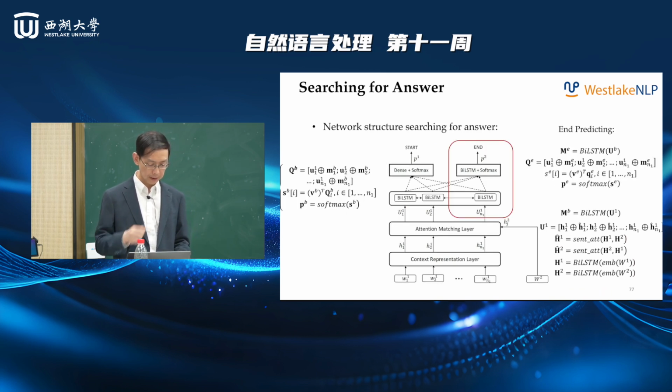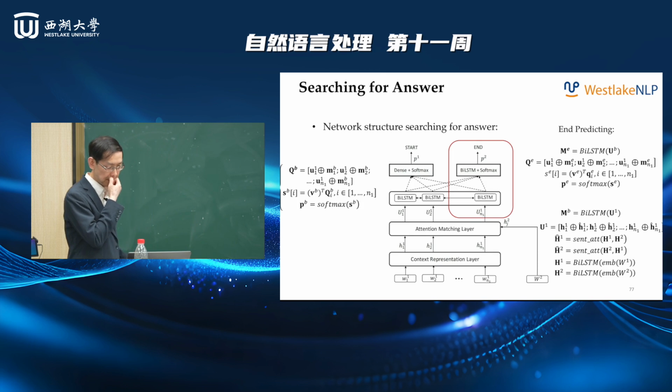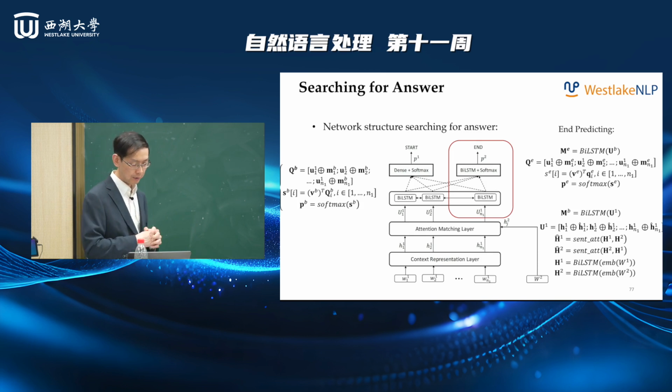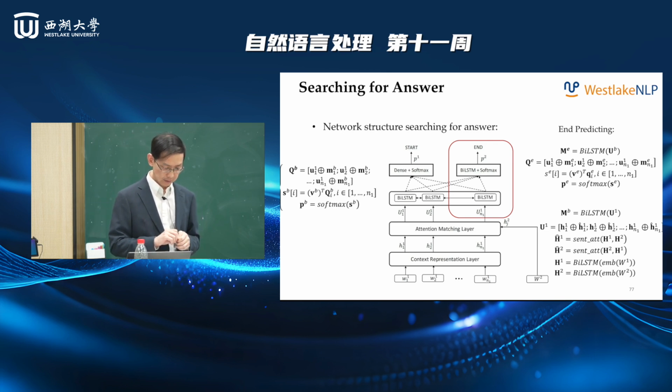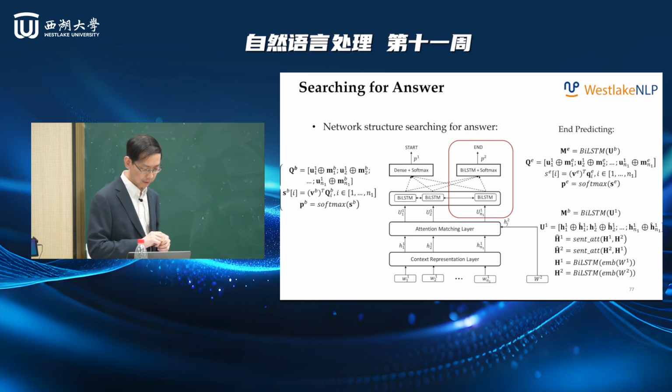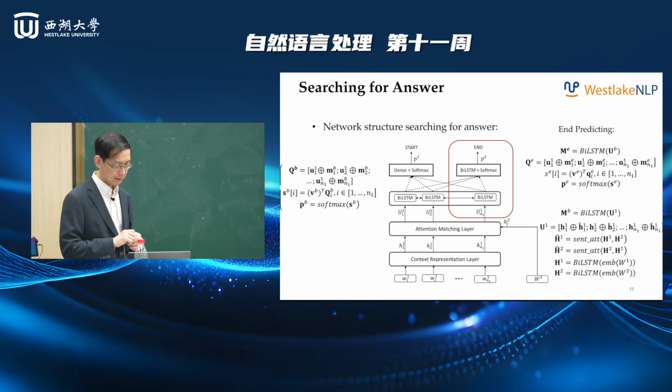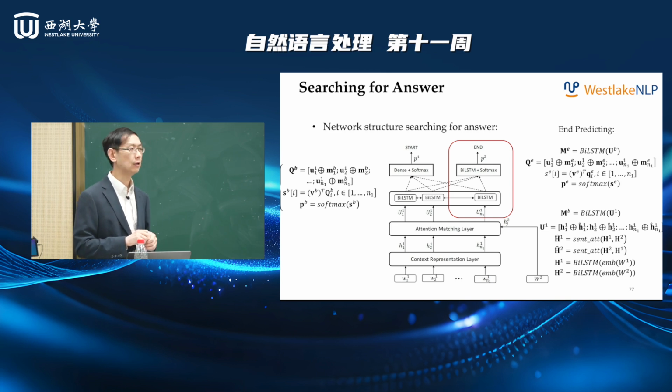Then if I know the beginning, I can predict the end on top of it. So I use MB as the input, and I take another LSTM to calculate a new sequence called ME.